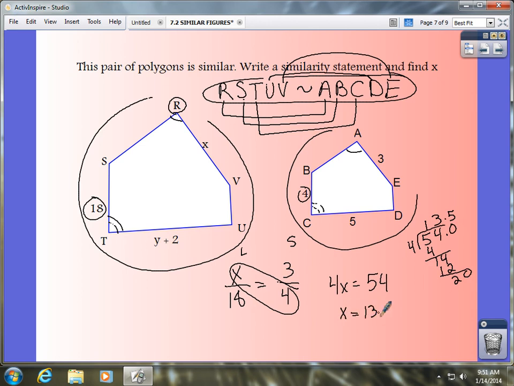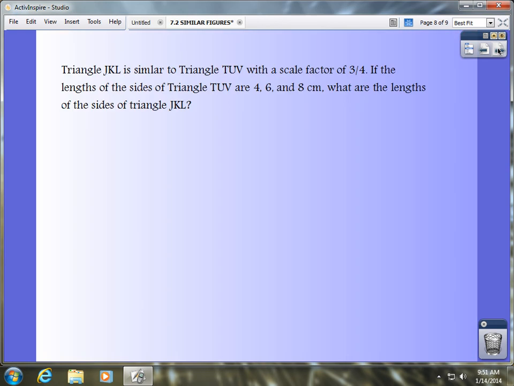Triangle JKL is similar to triangle TUV with a scale factor of 3 to 4. If the lengths of the sides of triangle TUV are 4, 6, and 8, what are the lengths of the sides of triangle JKL? So I'm going to have JKL over TUV. JKL, the scale factor is 3 to 4.